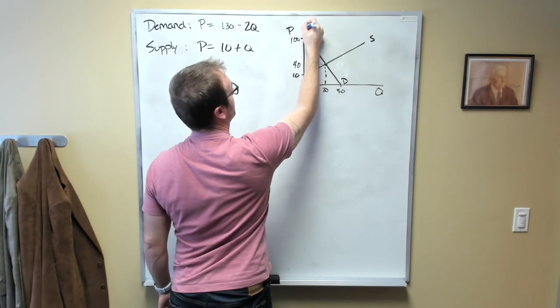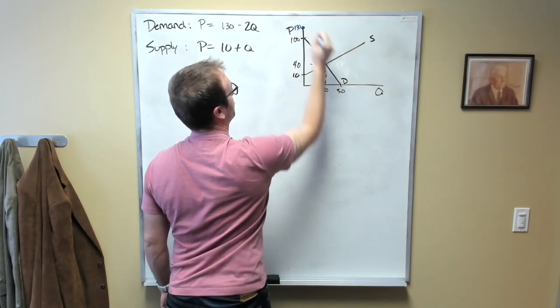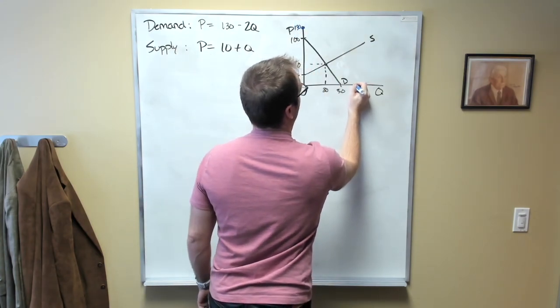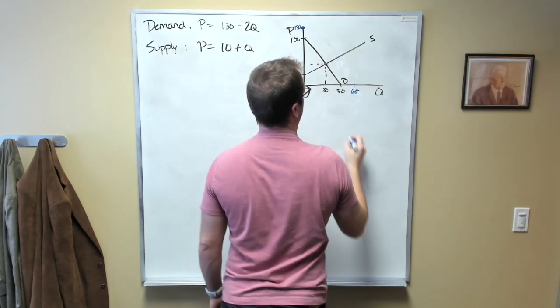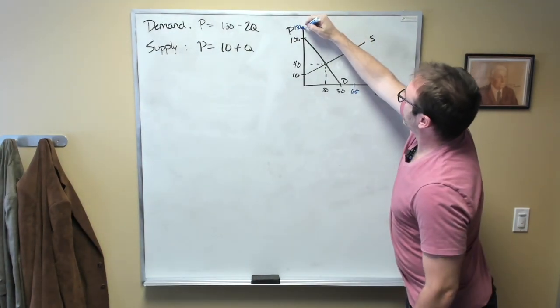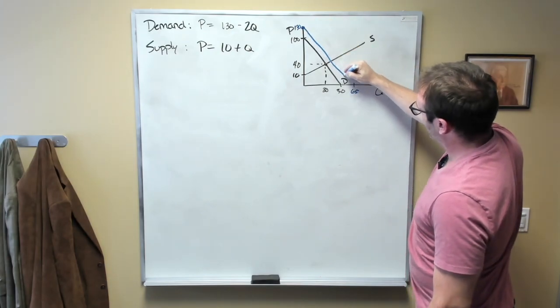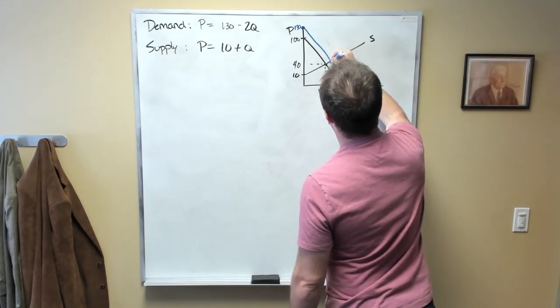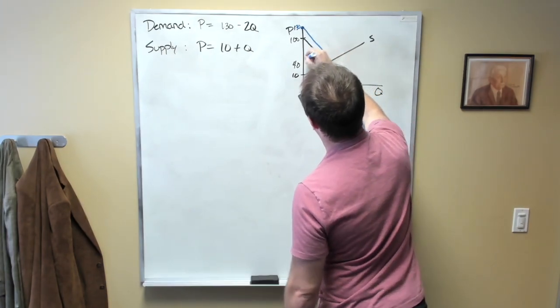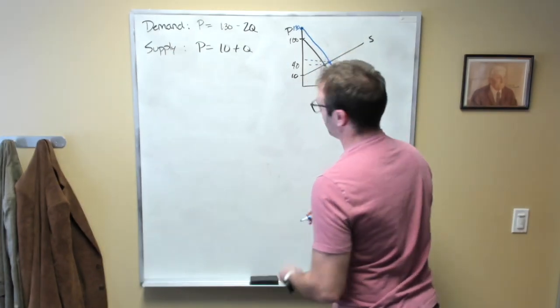So our new intercept is up here at 130, and our new x-intercept, or Q-intercept, is going to be at 65. So let's just draw that. That's our second demand curve. And so what we're after is going to be this.